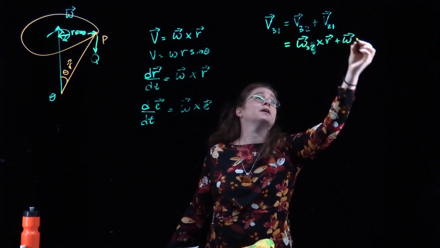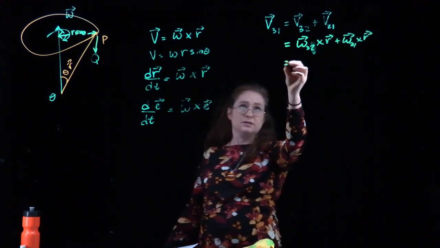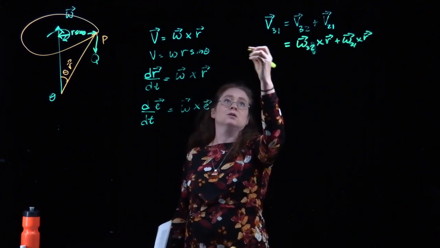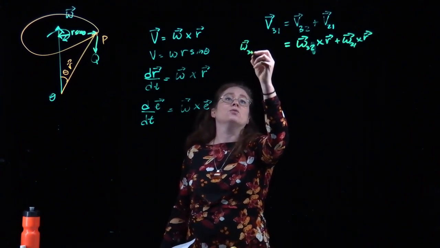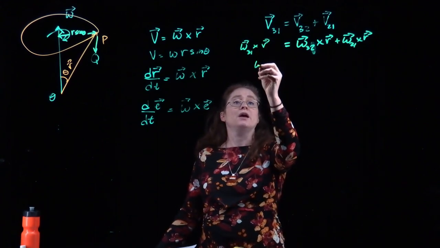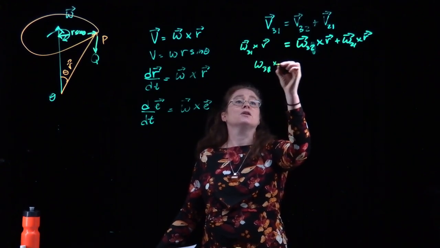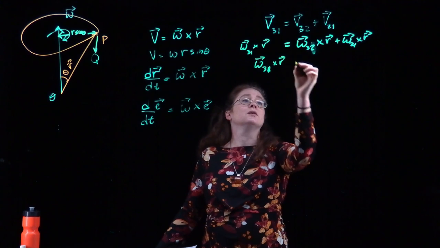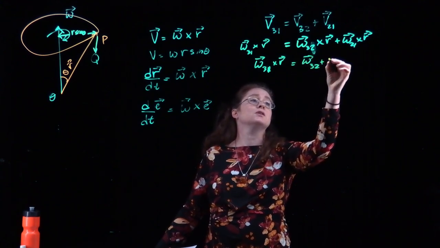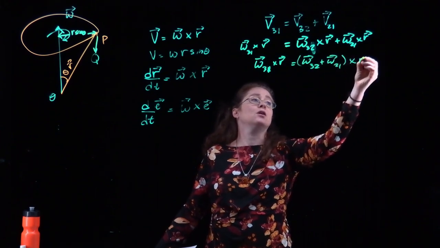Plus omega between 2 and 1 crossed with r. And this has got to be equal to omega 3,1 crossed with r. So omega 3,1 crossed with r equals omega 3,2 plus omega 2,1 crossed with r.